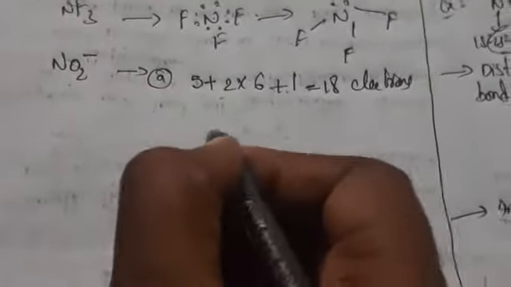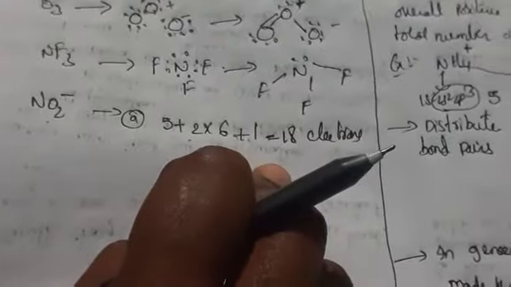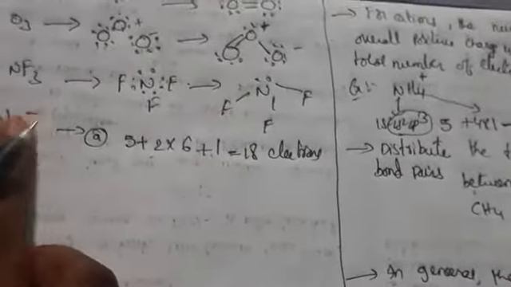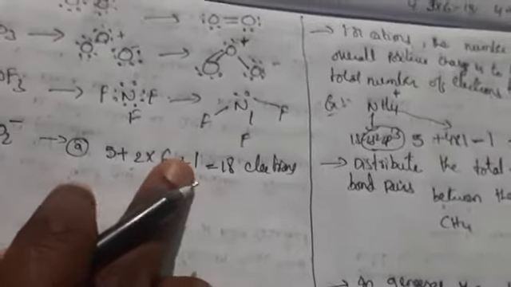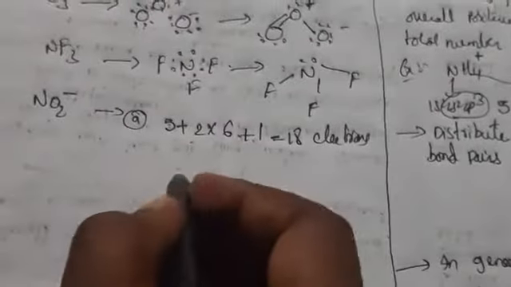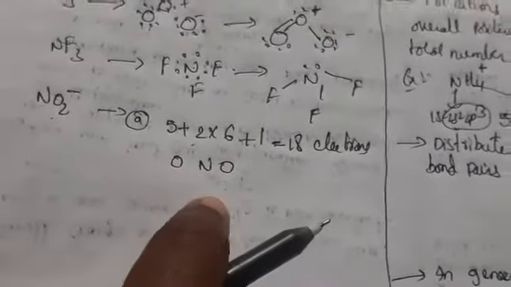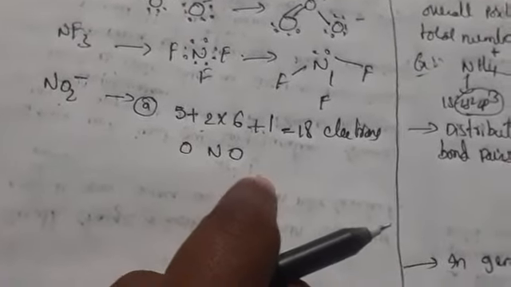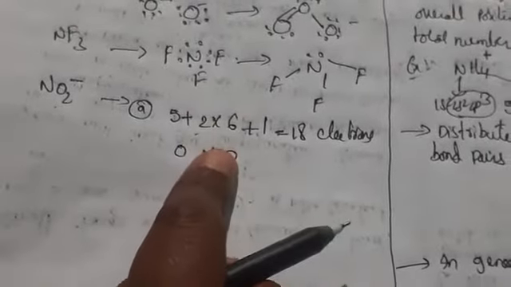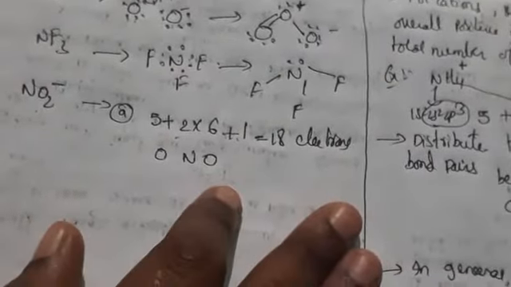These are the first 3 rules. Now we have to write the skeletal structure of NO2 minus. If there is no cation, we are not doing any subtraction. The skeletal structure is O, N and O. Now we have to draw a single bond, one shared electron pair between the nitrogen and oxygen atom, which should complete the octet configuration on the oxygen atom.